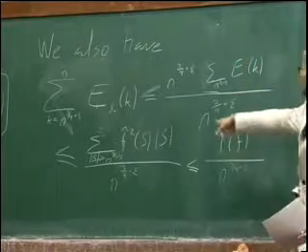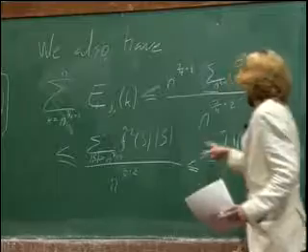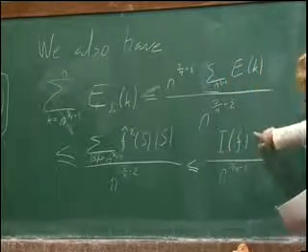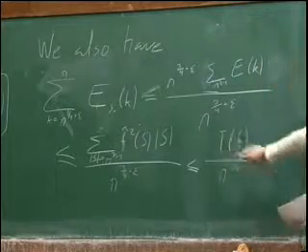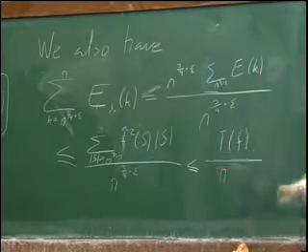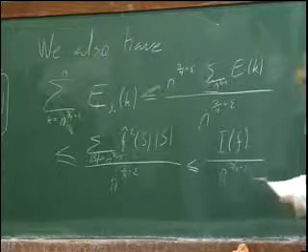So the Fourier mass on high frequencies is essentially bounded by the total influence up to a constant which depends on how high frequencies we're summing to.